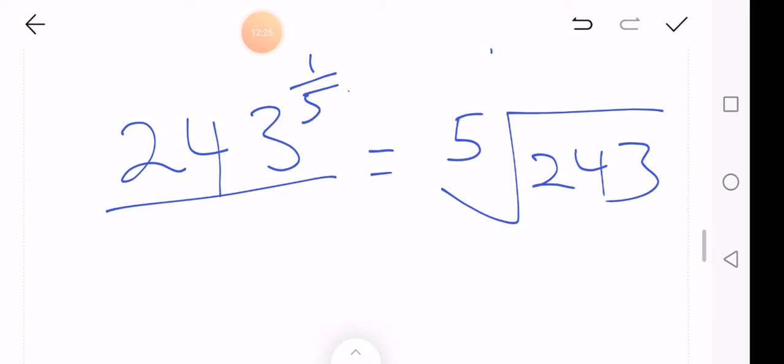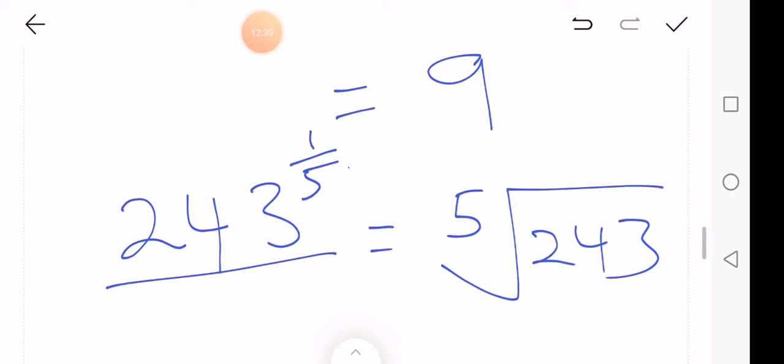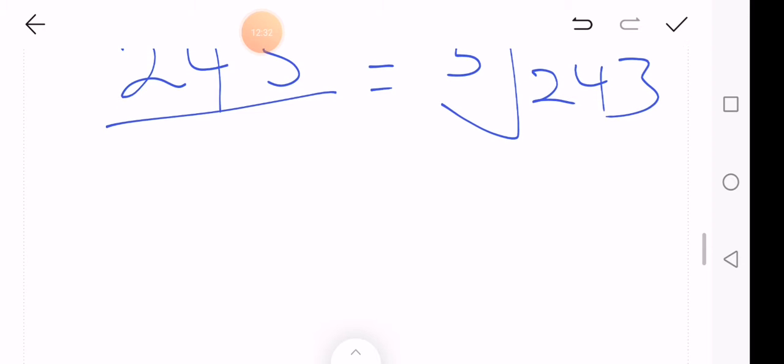You can start by searching for this number. We know 2 to the power 5 is going to be 32, so 2 is not correct. You can do trial and error.